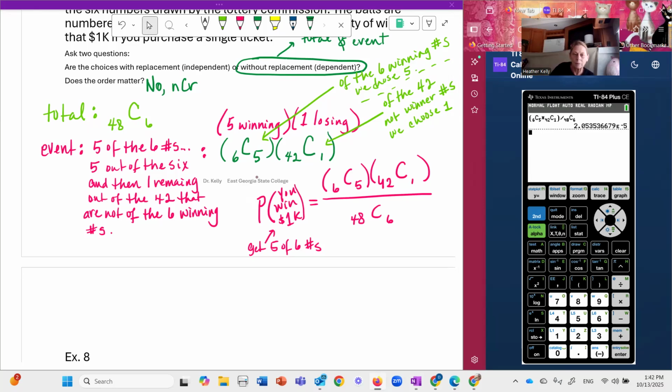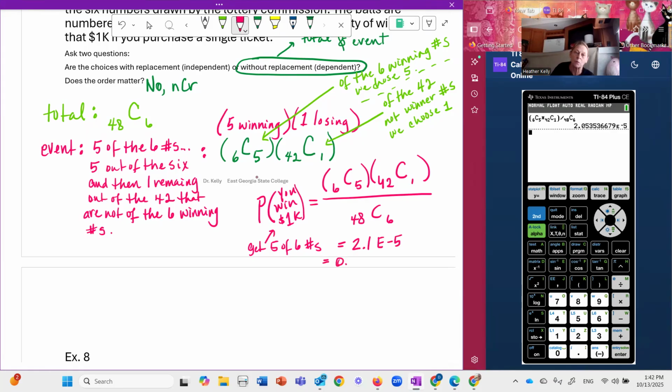We get this awesome number you're used to by now, 2.1 e to the -5, still a very small number, but not nearly as small as winning all of them.